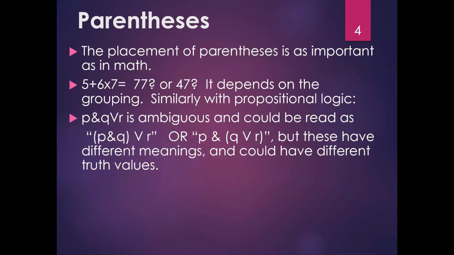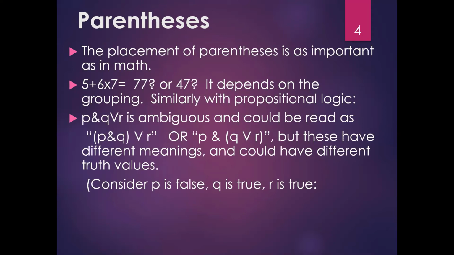But those have different meanings, just like the sentence 5 plus 6 times 7 has different meanings. And they could have different truth values because of that. So when we have complex sentences, you need to make sure that you're using proper parentheses in order to illustrate these differences in what you might mean, in order to disambiguate the sentence.